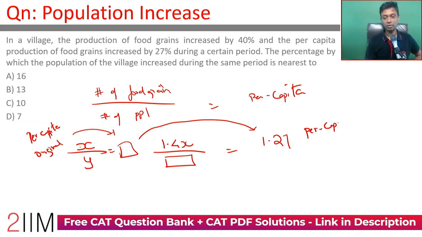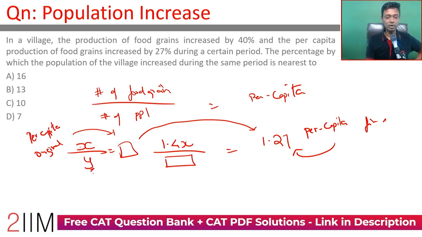Per capita final is this. X becomes 1.4x. So food grain production has increased. Per capita production has increased only a little, slightly less than this. That means this number has also gone up.